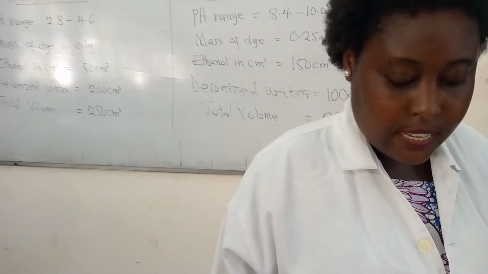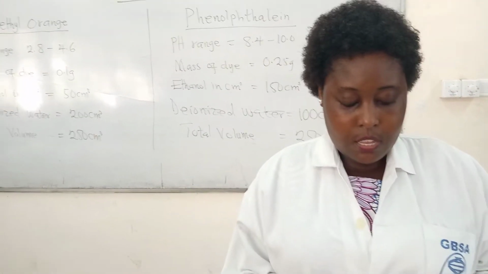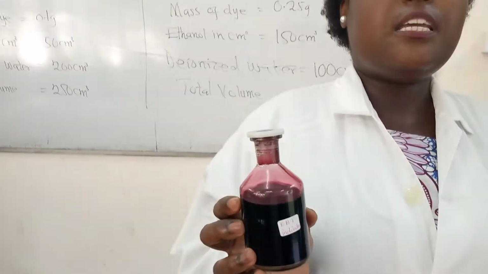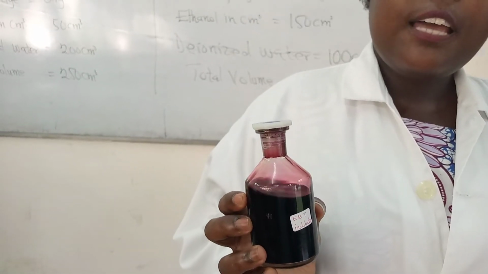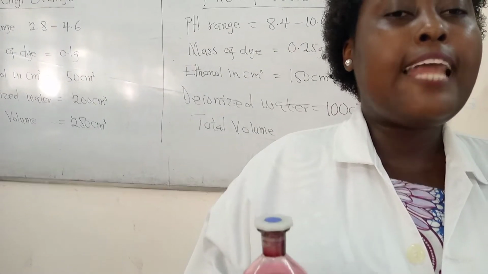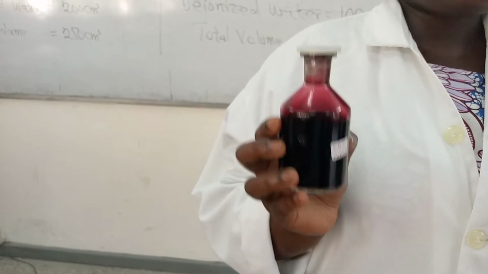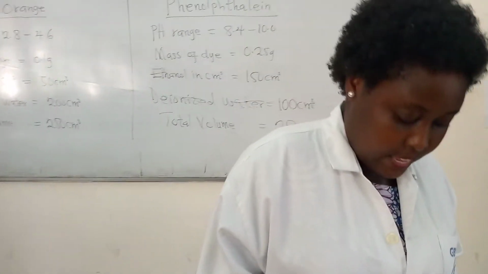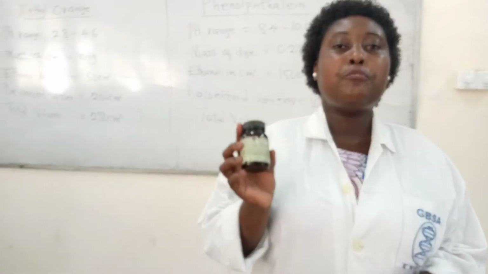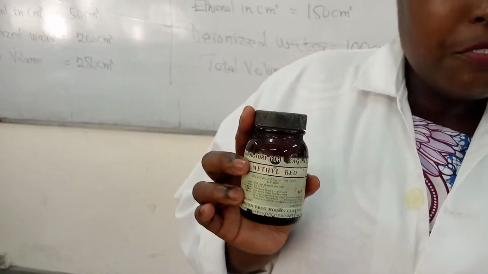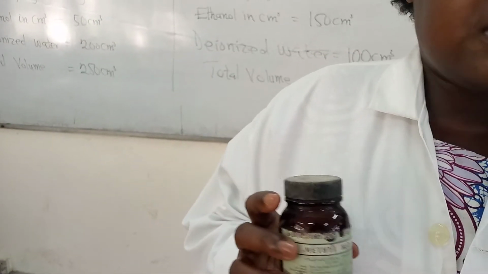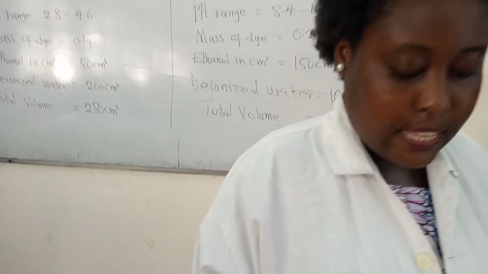All these are indicators that we use here. I have my EBT indicator. The full name is Eriochrome Black T indicator. It is a metal ion indicator. And I have here my methyl red. So these are some of the indicators we use here in the lab.